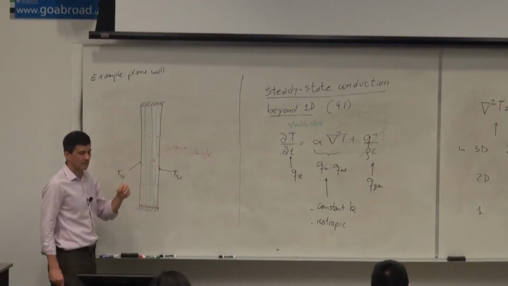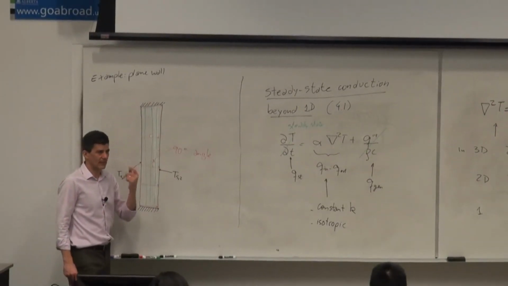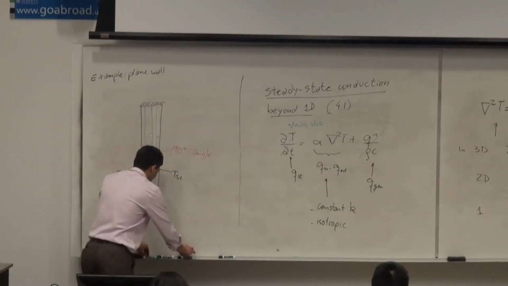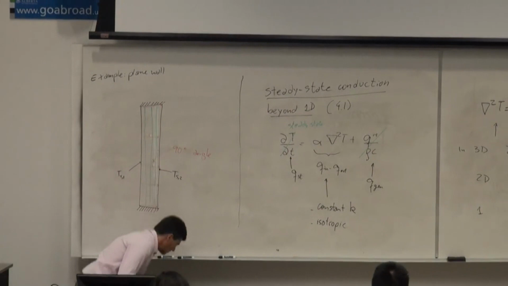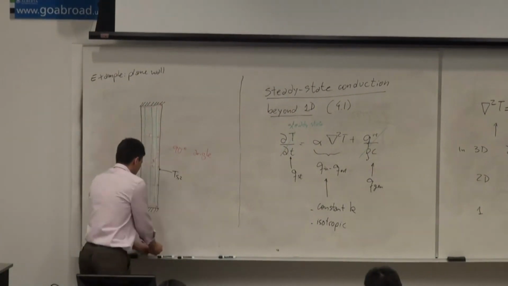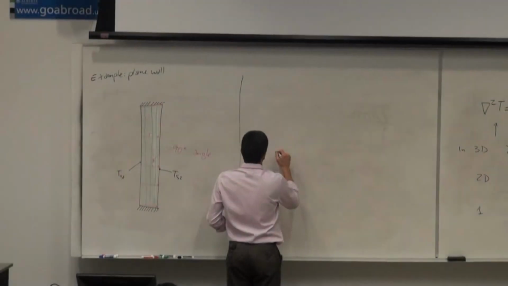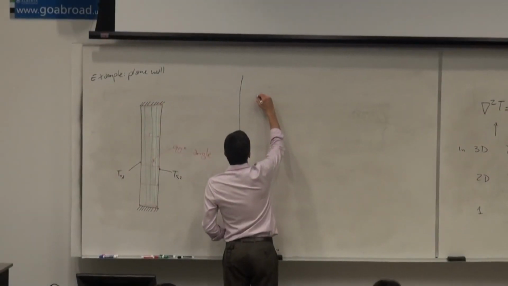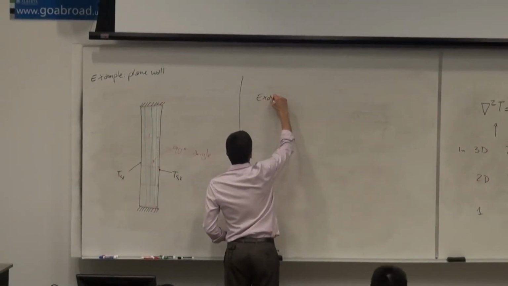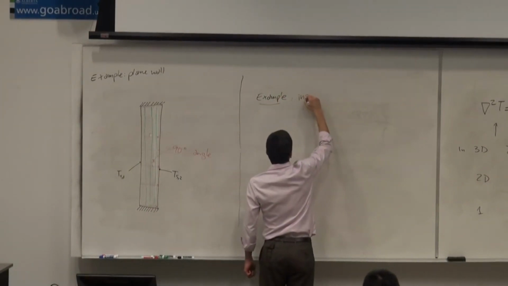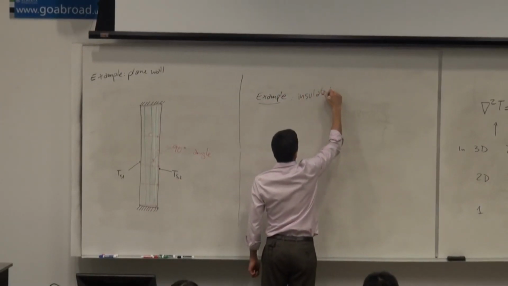So, for example, if you have an insulated surface, and again, look at this. We're doing zero math, but we're getting important concepts here. Let's say another example: an insulated surface.